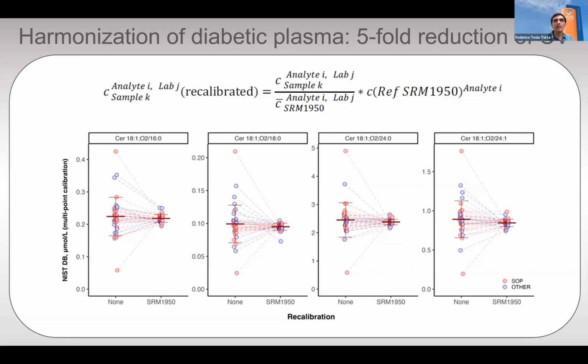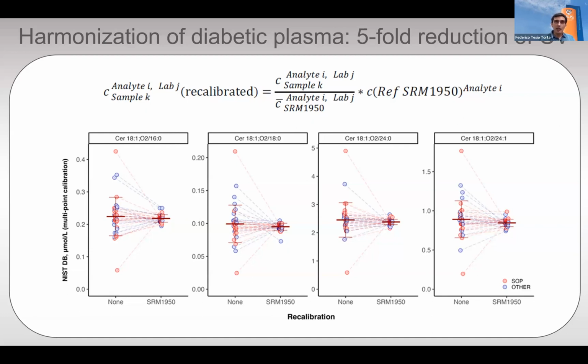And we normalized them by the mean concentration of the same corresponding ceramides obtained by the same lab for the SRM 1950, according to the formula that I have represented on top of the graphs. This gives us a unitless ratio that is then rescaled by multiplying by the consensus concentration that we assigned to the SRM 1950 in this study. So we basically went back to concentration values.